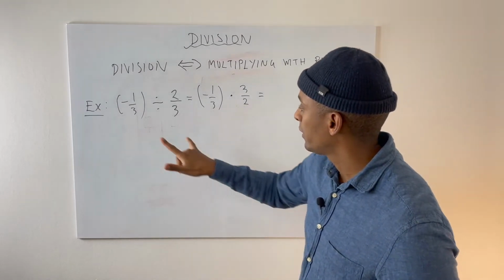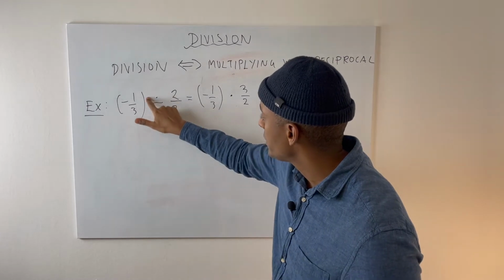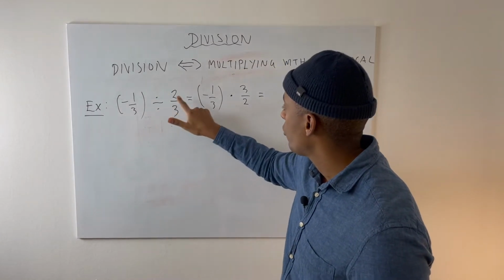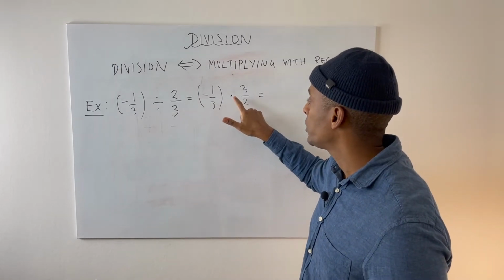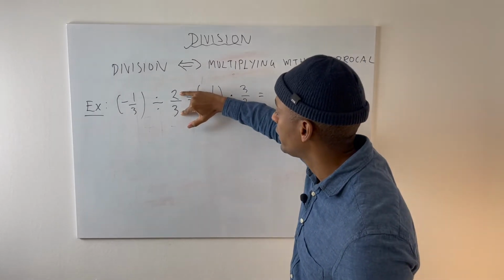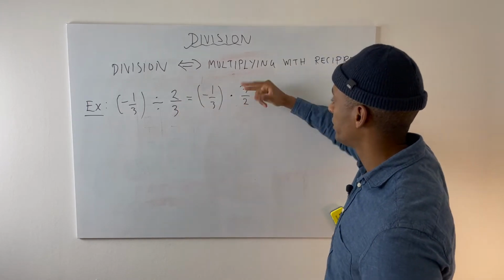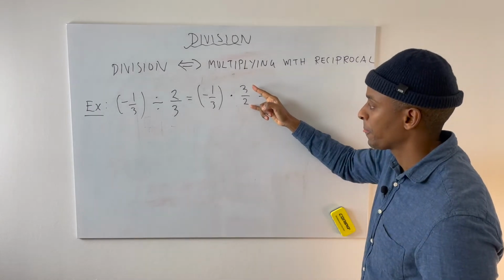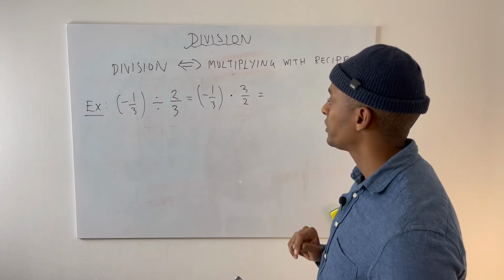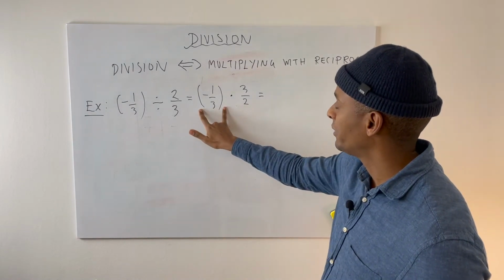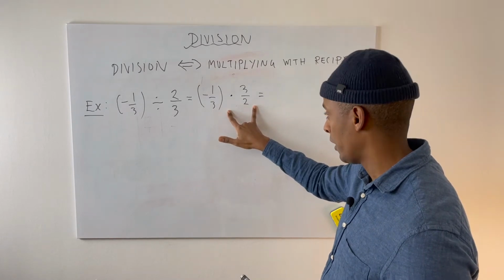So again, this part is just carried over, and instead of writing division, we want to do multiplication because that's easier. But if we multiply, we have to take the reciprocal, which is flipping the numerator and the denominator. That's what we did. Now let's use the cheat code. This is a negative number, minus 1/3. This is a positive number, 3/2.